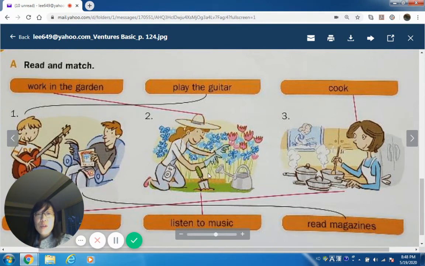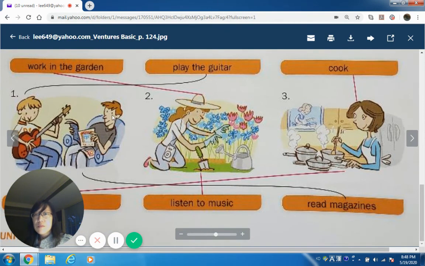There are these flowers with this small shovel. And number 1, what's the picture of number 1? He plays the guitar. And his friend likes to read books, magazines. He likes to read.